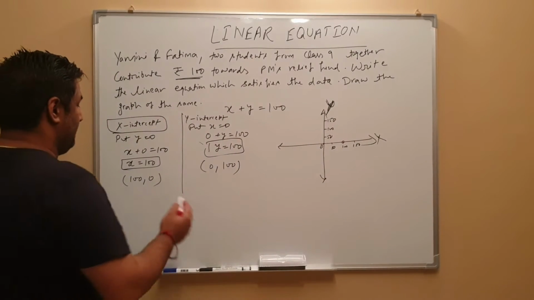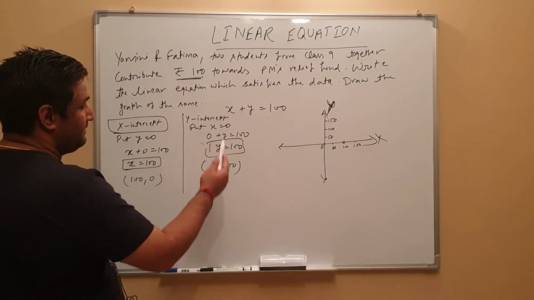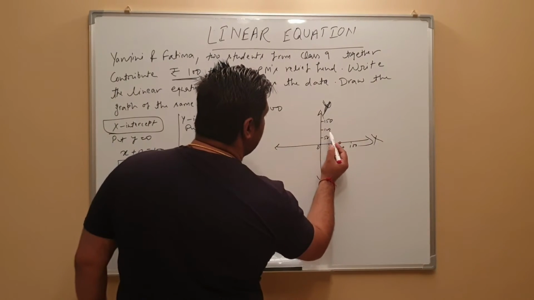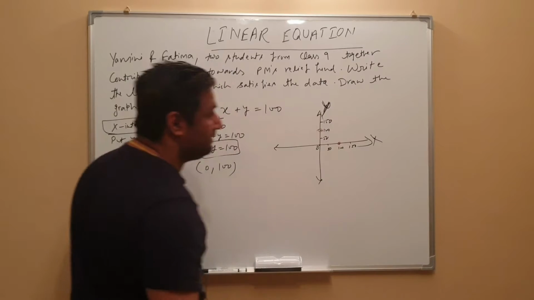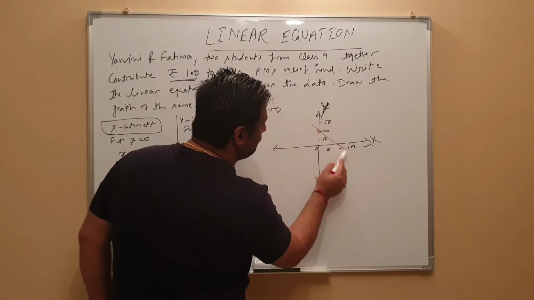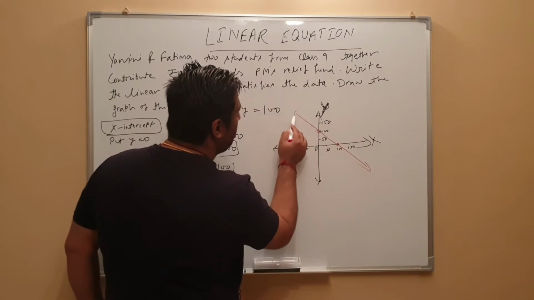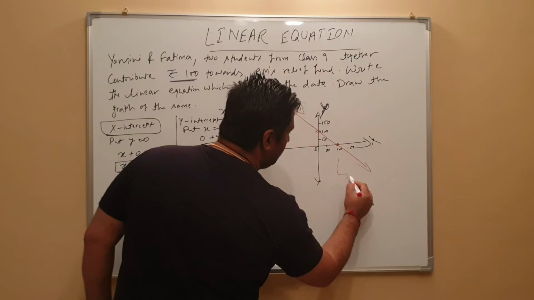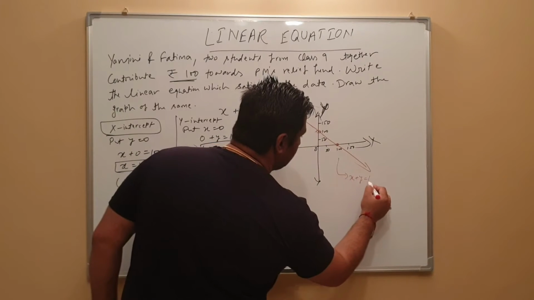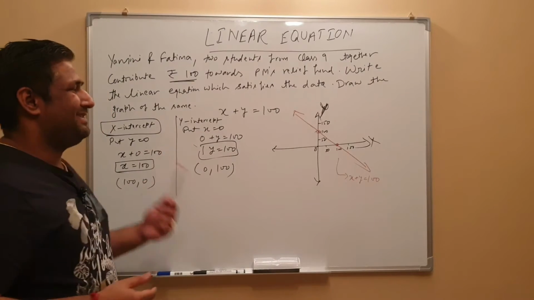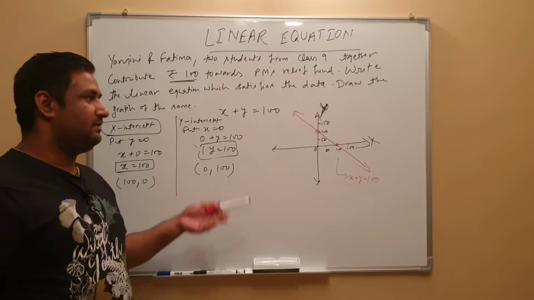And on the y-axis, the y-intercept is 0, 100, so obviously this will be the point. We just need to join both these points, and this is how you will get the graph of the linear equation x plus y equals to 100.